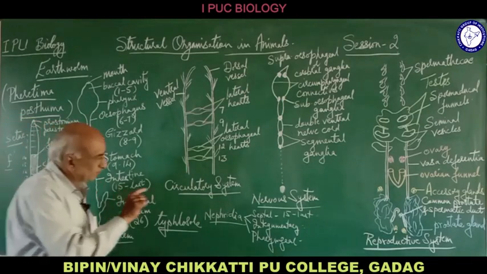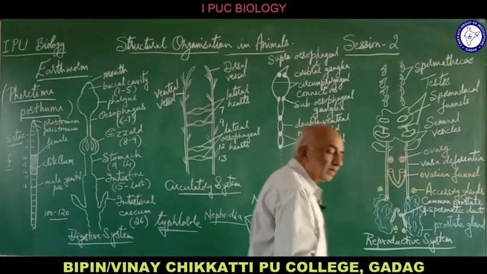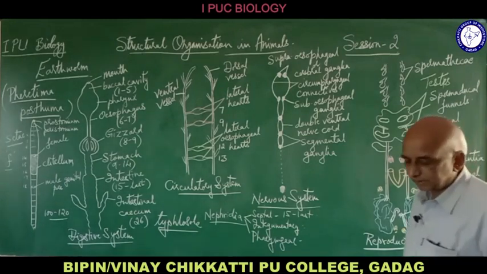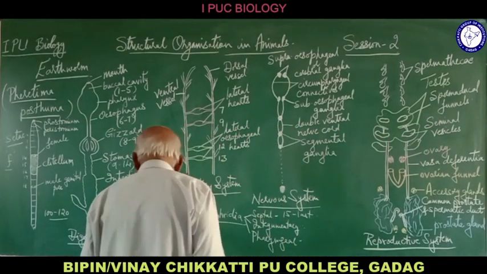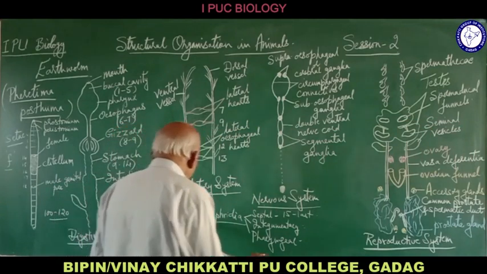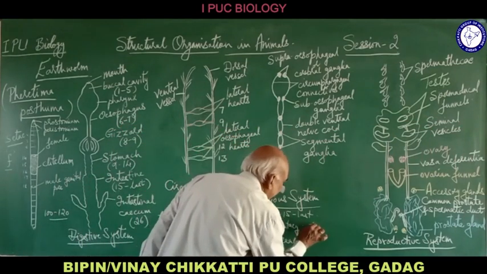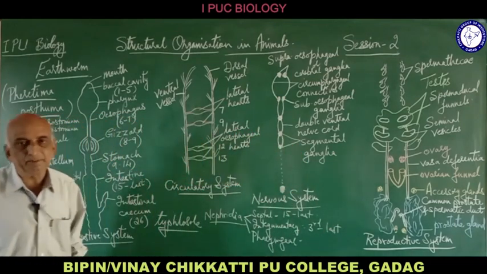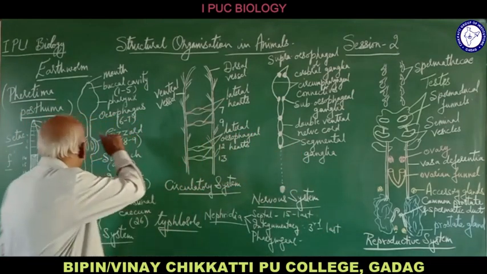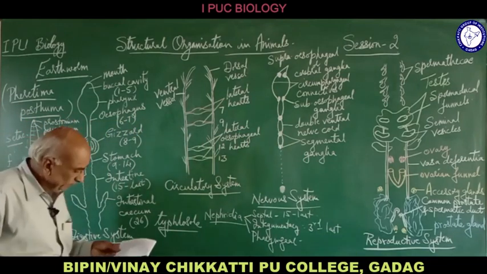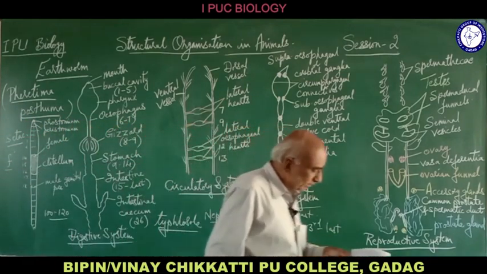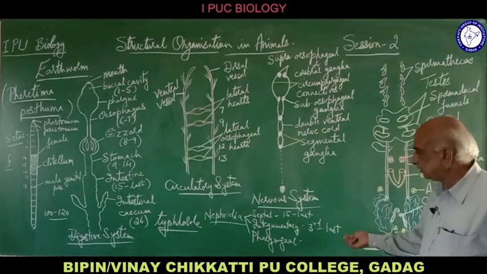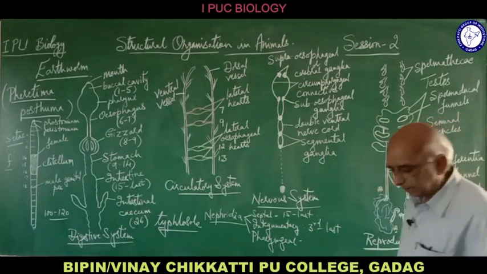The septal nephridia are distributed in the segments from the 15th to the last segment, and the integumentary nephridia are present from the 3rd to the last segment, which means they are found in large numbers.